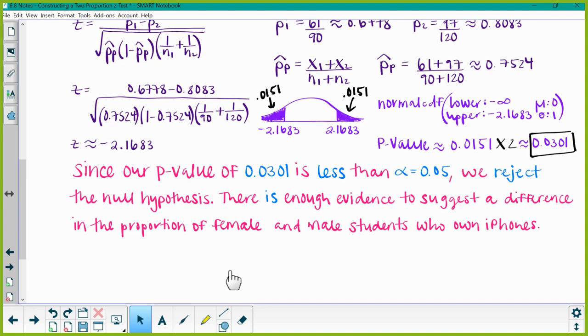The nice thing about doing it by hand is that you do have reported values written down, and generally on the AP exam, they will give you some credit. If you happen to do 61 out of 100 for some reason by accident, or you switched your two sample sizes by accident, they can still give you credit for the rest of your work.